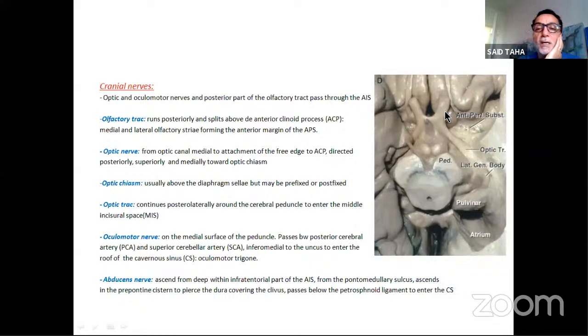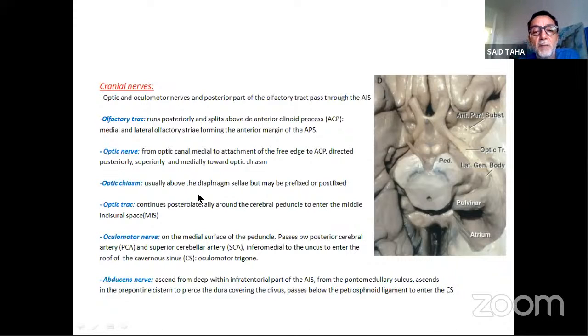And the optic nerve comes from the canal medial to the attachment of the tentorium to the anterior clinoid process, directed posteriorly, superiorly, and medially toward the chiasm.